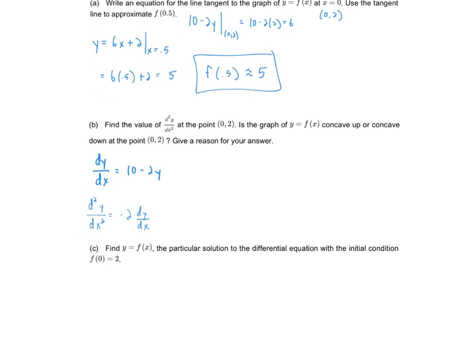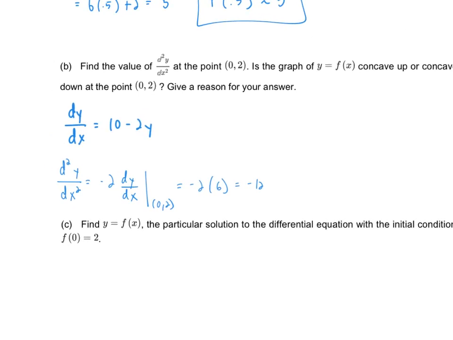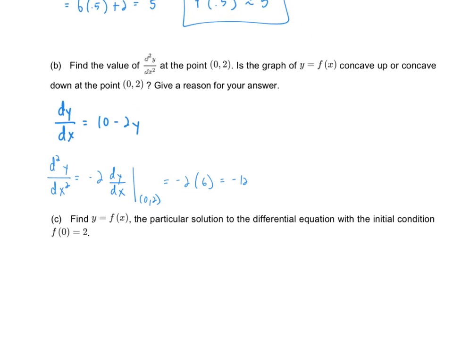So this is just negative 2 times, actually here. Then for notation, we're going to evaluate this at the point. This is negative 2 times 6, which is negative 12. This is the second derivative, and the second derivative is negative, so that means it's concave down.